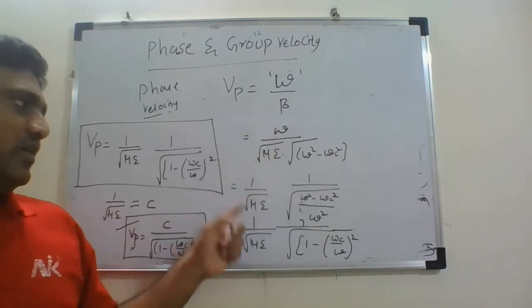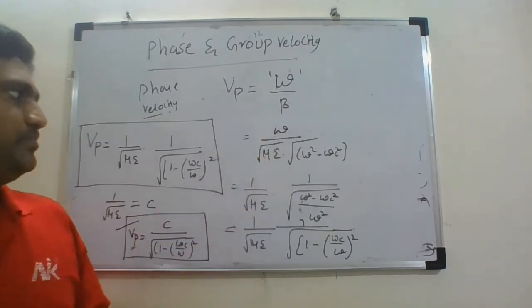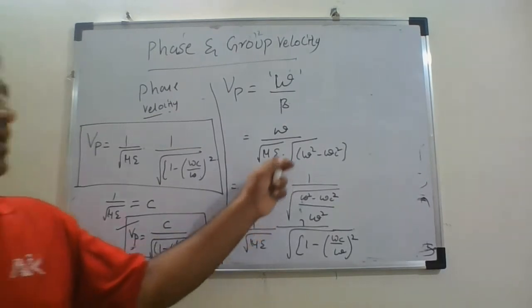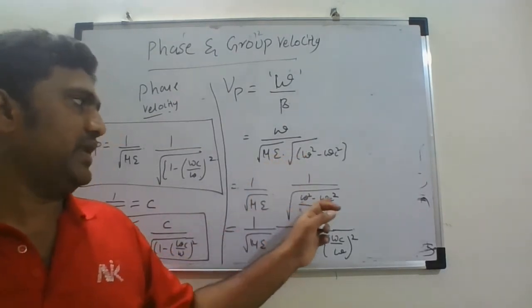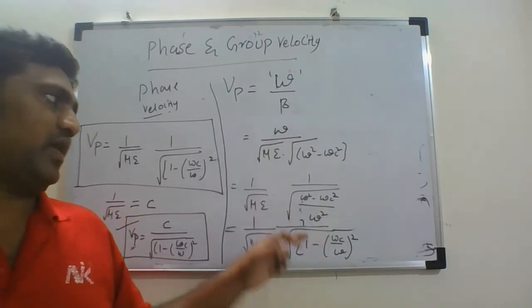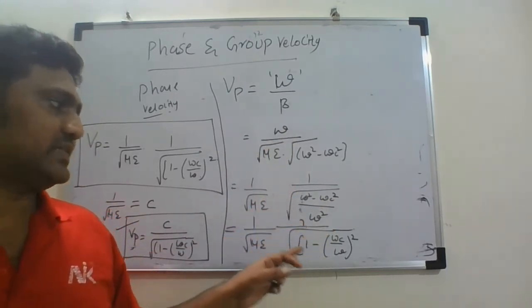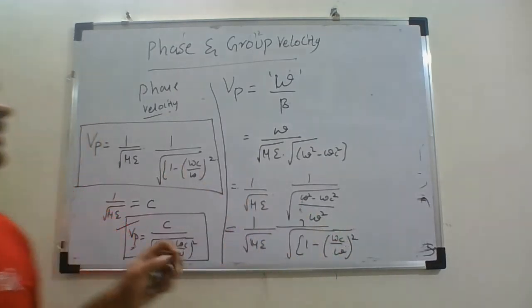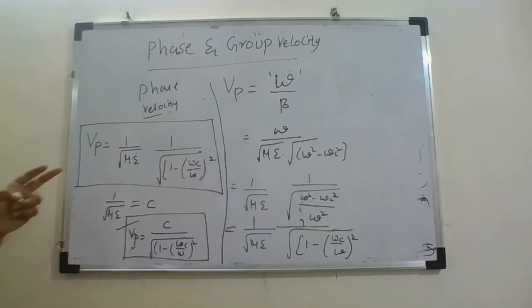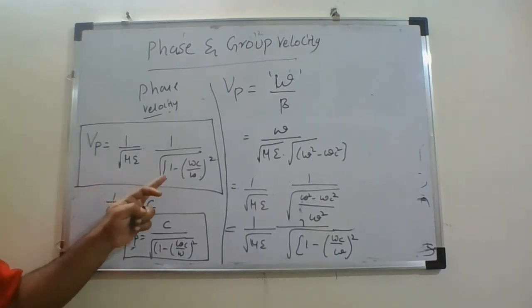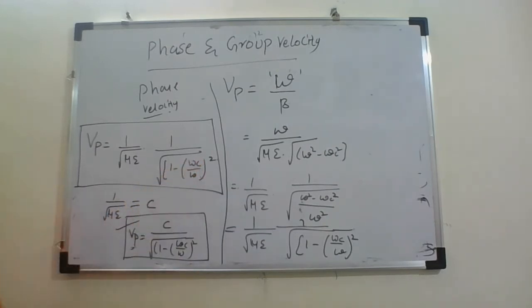So omega square minus omega c square by omega square gives 1 minus omega c by omega whole square, and Vp is equal to 1 by root mu epsilon into 1 by root of 1 minus omega c by omega whole square.